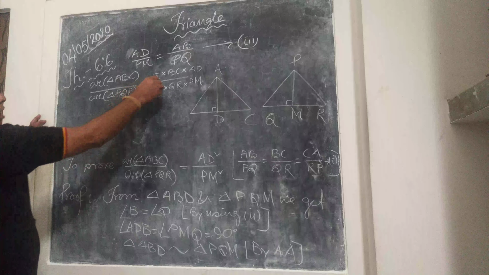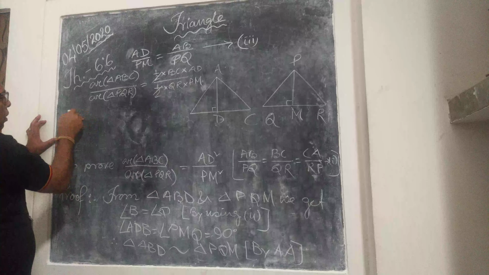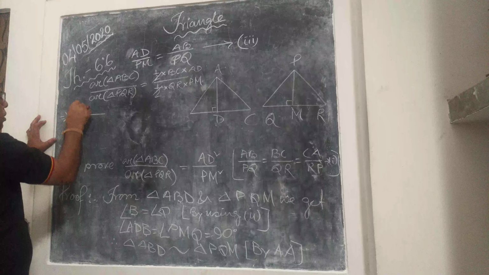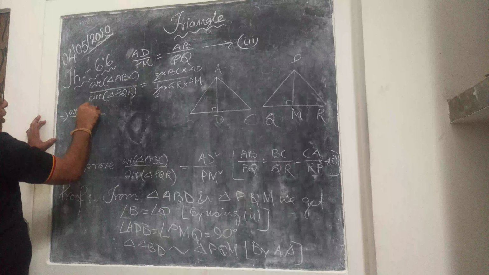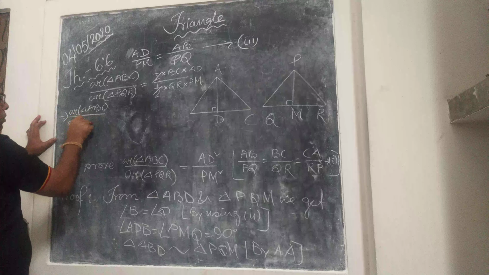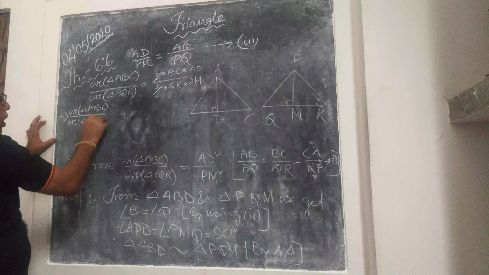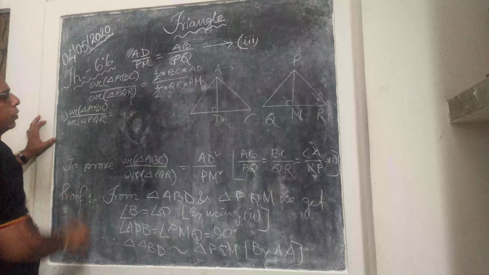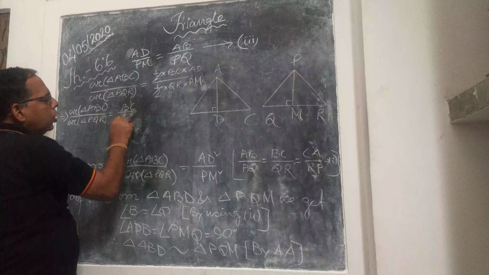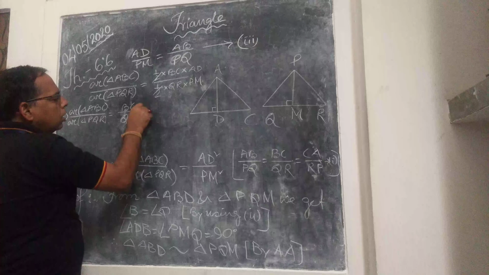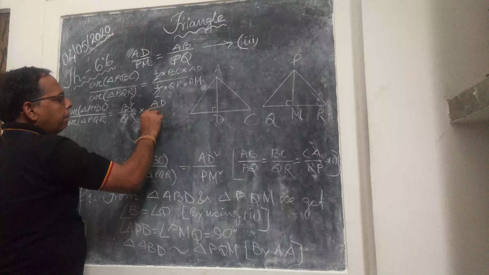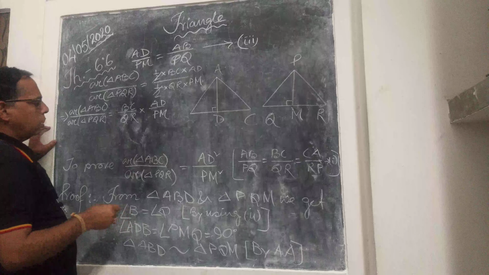Now you see, the half is gone. Then what happened? It implies area of triangle ABC by area of triangle PQR equal to BC by QR into AD by PM. Yes or not?